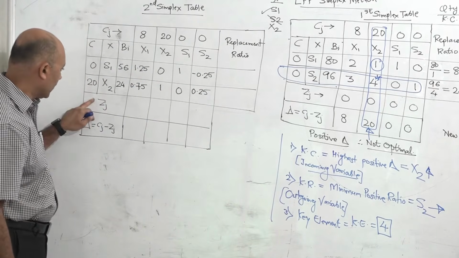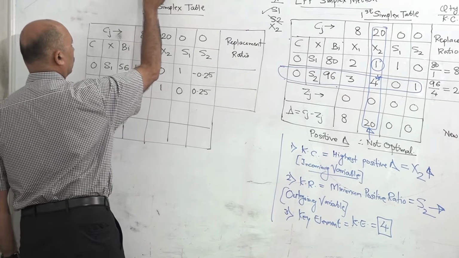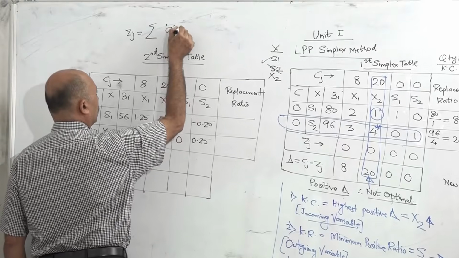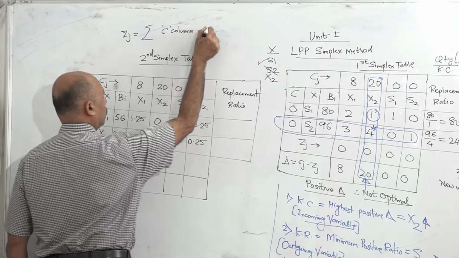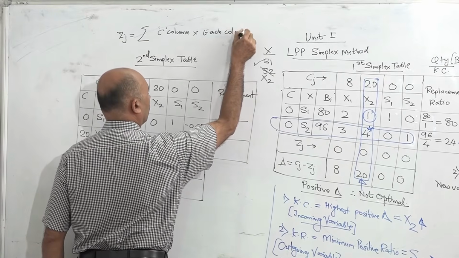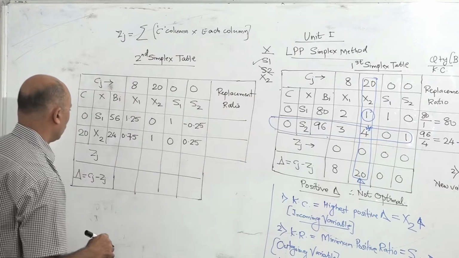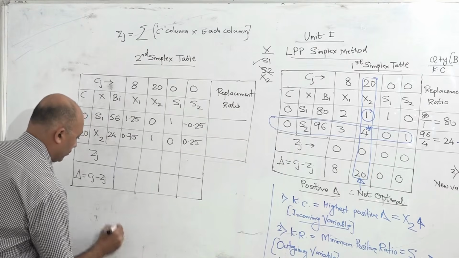So now the next step is calculation of Zj, and Zj we already seen is equal to summation of C column into each column. So now we will find here Zj's.